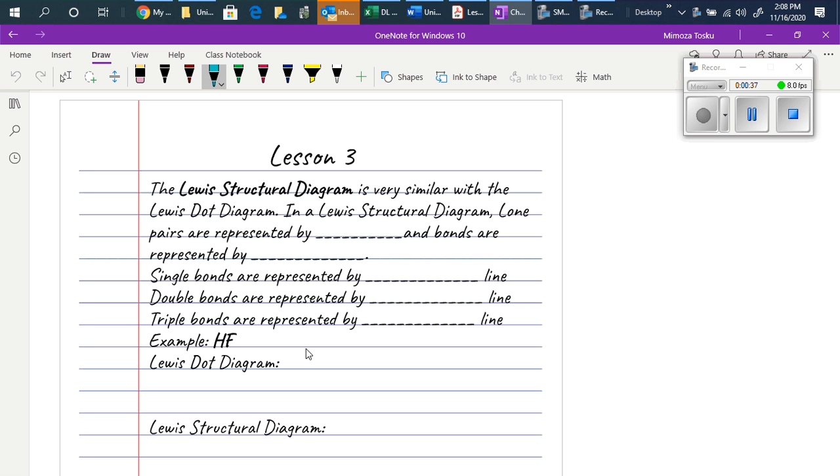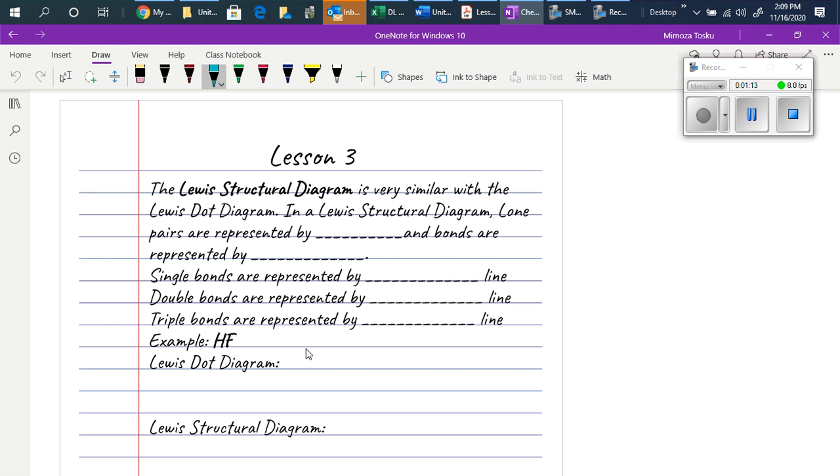So up to now, we have seen the Lewis dot diagram when we were representing the electrons in the outer shell, which is known as the valence shell. And we discussed everything, starting with the Lewis dot diagram of an atom, of an ion, of an ionic compound, of a molecular compound, and then we saw how single bonds, double bonds, and triple bonds are formed.